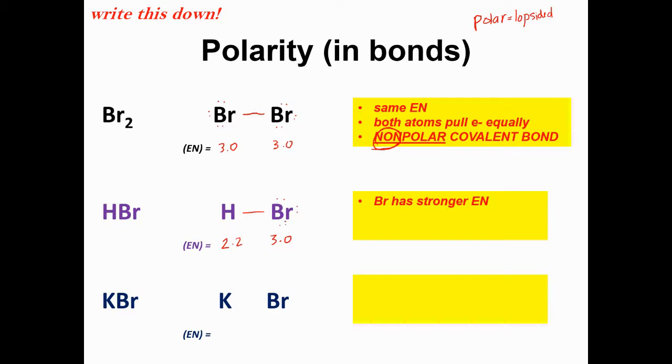They've got different electronegativities. Bromine has a stronger electronegativity. Bromine hogs the electrons more. The electrons will spend more of their time over here close to bromine. And so this is a polar covalent bond. Why is it polar? Because it's lopsided. Bromine pulls the electrons more towards itself because it has a stronger electronegativity.